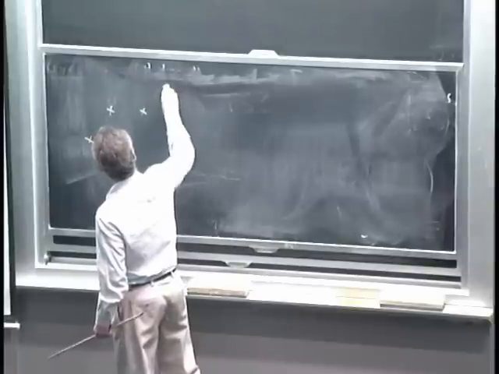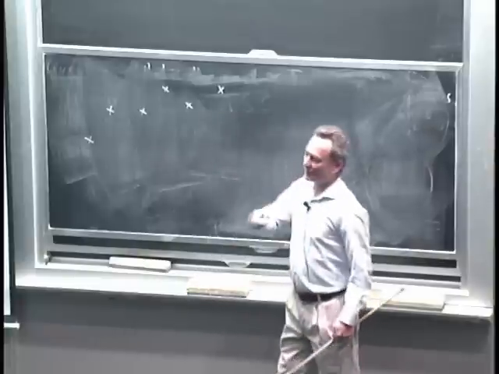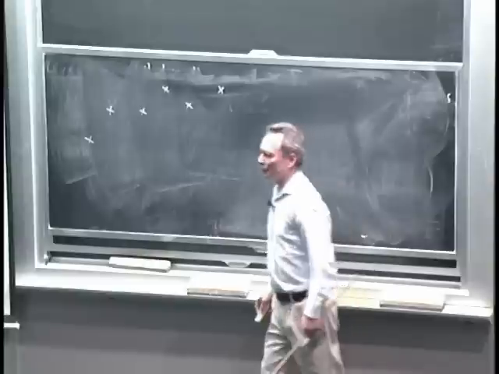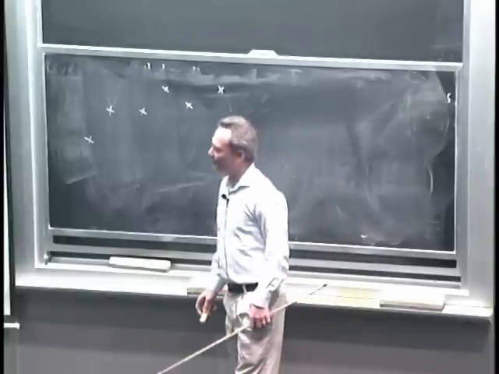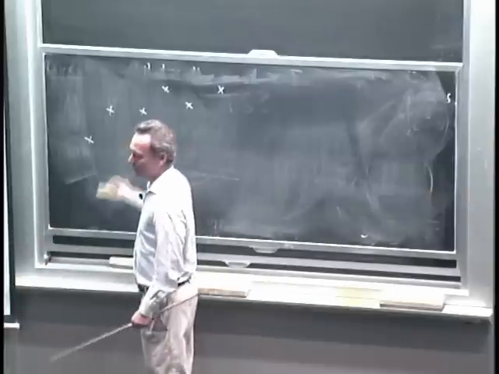Maybe the beginning of the field could be traced a few hundred years ago, where people would make astronomical observations of the position of a planet in the sky. They would have some beliefs that perhaps the orbit of a planet is an ellipse, or if it's a comet, maybe it's a parabola, hyperbola, I don't know what it is, but they would have a model of that.